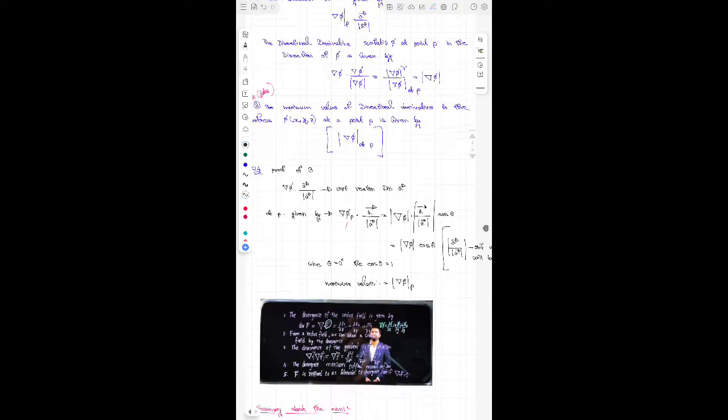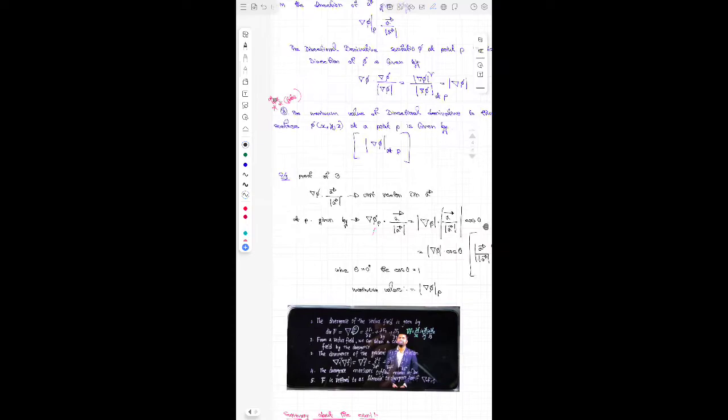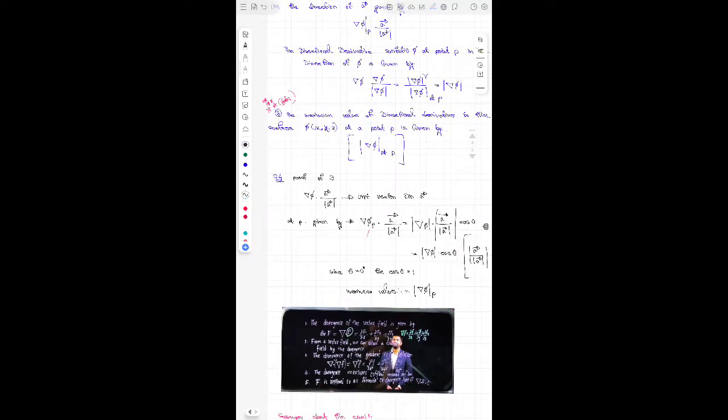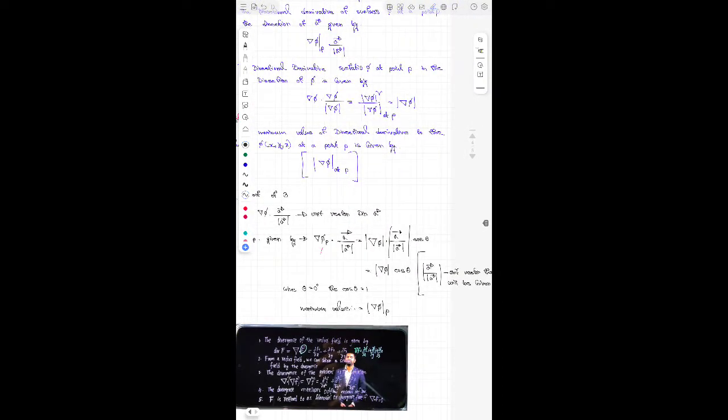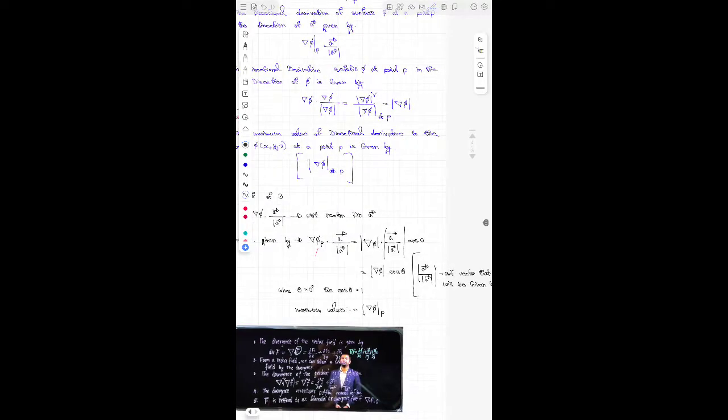Now some proofs. The first proof, number 3: del phi dotted with a by the magnitude of a, the unit vector in the direction of a at point p. Here we took a by mod a into cos theta, where theta is the angle between them. Just as with the dot product, a dot b equals mod a into mod b into cos theta.